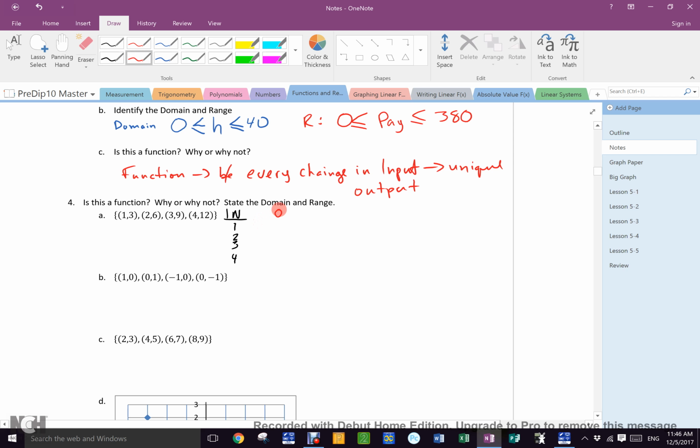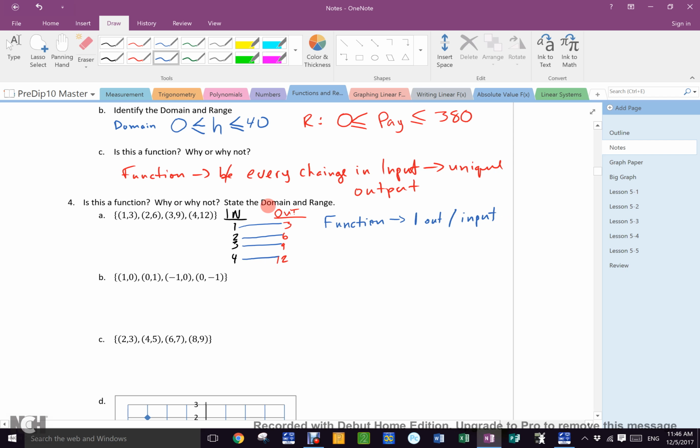Our outputs are what? 3, 6, 9, 12. 3, 6, 9, and 12. Does each input go to a unique output? Yes. So is it a function? It is a function. Why is it a function? One output per input.